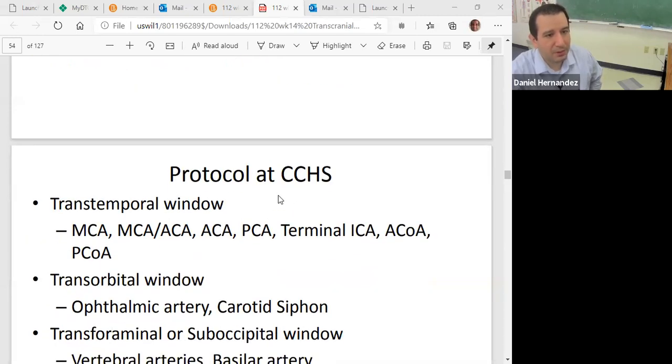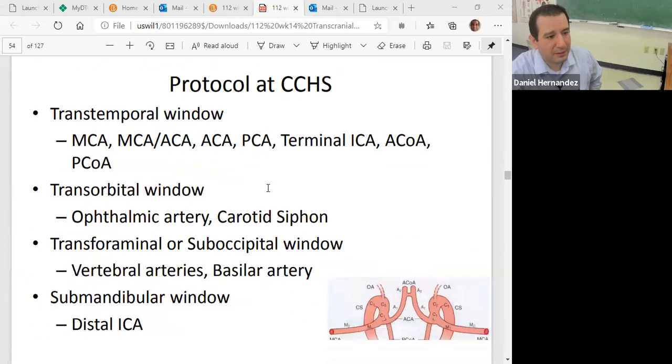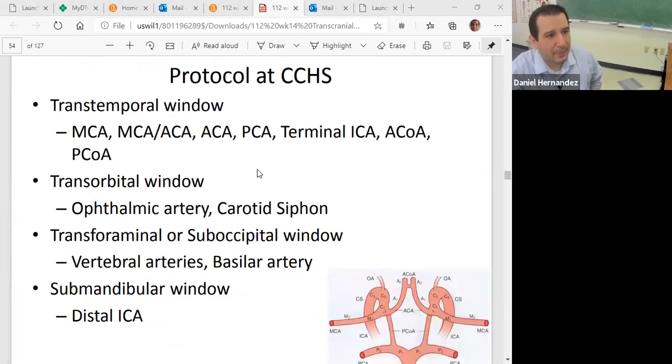So the protocol at Christiana Hospital. This is the protocol for transcranial Doppler. They measure the middle cerebral artery, the MCA-ACA bifurcation, anterior cerebral artery, posterior cerebral artery, terminal ICA, as well as the communicating arteries.